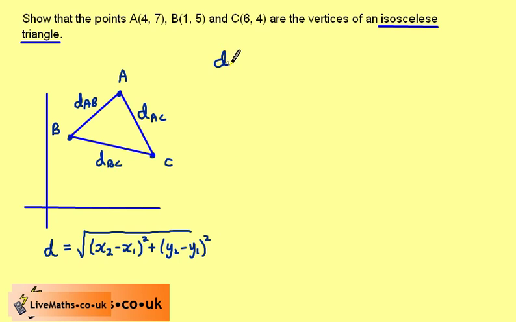If we start by looking at the distance between A and B, which we've called DAB, we have the point B, which is (1, 5), and the point A, which is (4, 7). The difference between the x-coordinates, 1 minus 4 squared, add the difference between the two y-coordinates, and the y-coordinate of B is 5 and of A is 7, so 5 minus 7 squared.